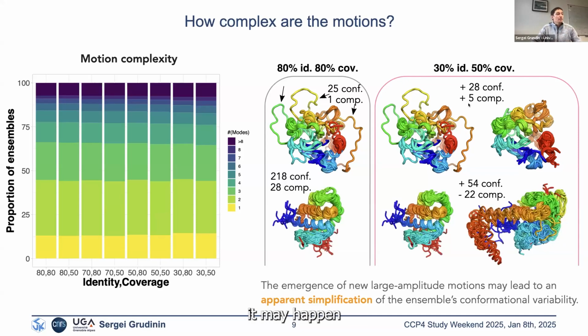However, it may happen that new large amplitude motions lead to apparent simplifications of the variability. Here in the second example, we added 54 new conformations, but it has reduced the number of principal components by 22. So overall, we don't see a difference in the motion complexity over the whole range of sequence identity and coverage.